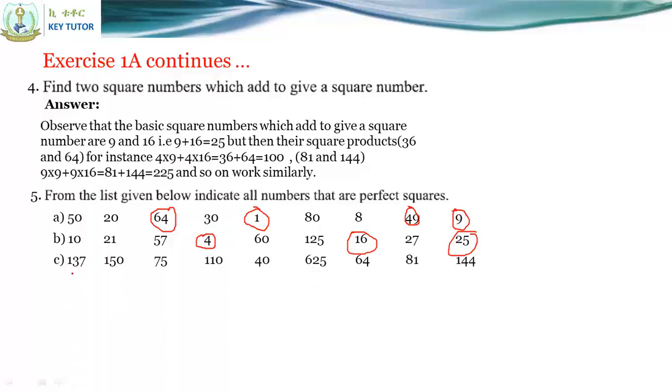From 137 is not, 150 is not, 75 is not, 110 is not, 40 is not, 625, yes, it is a perfect square. 64 is a perfect square. 81 is a perfect square. Consecutively these are perfect squares. 144 is also a perfect square.